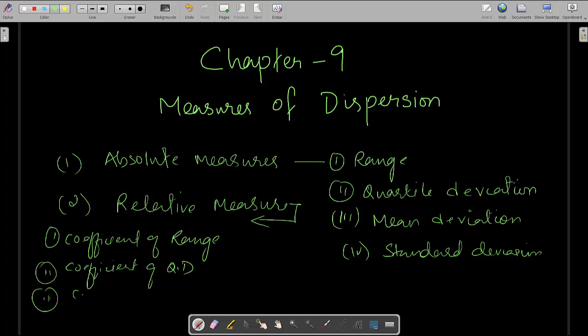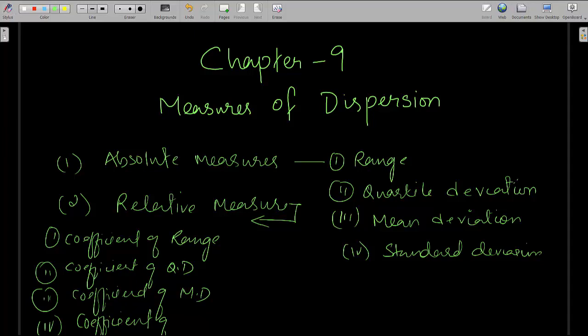The third one is coefficient of mean deviation, MD, and the fourth one is coefficient of variation.